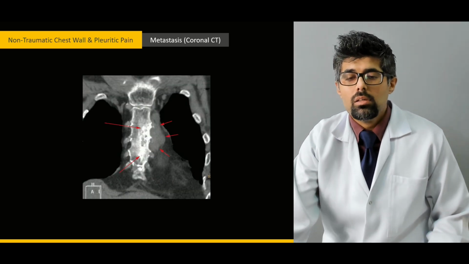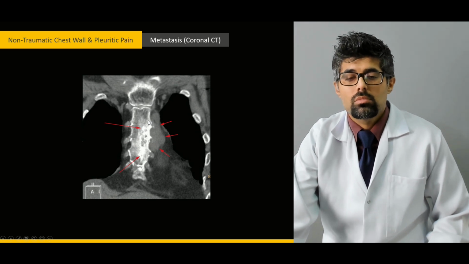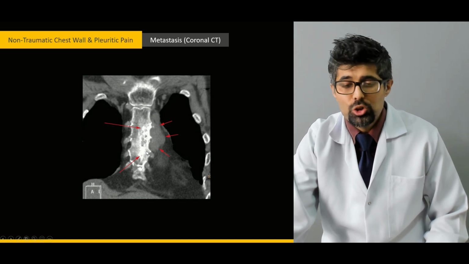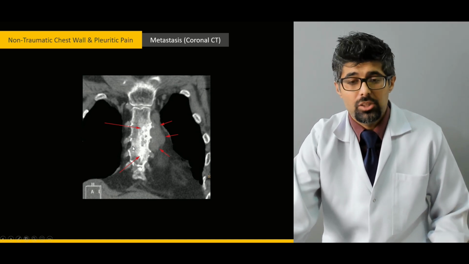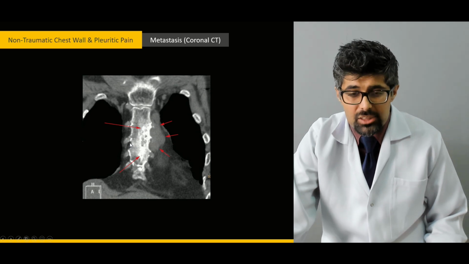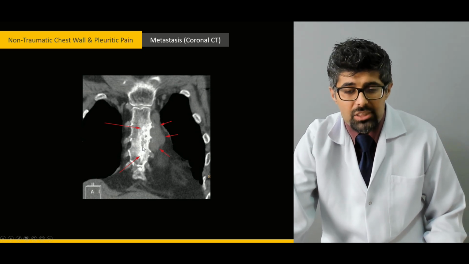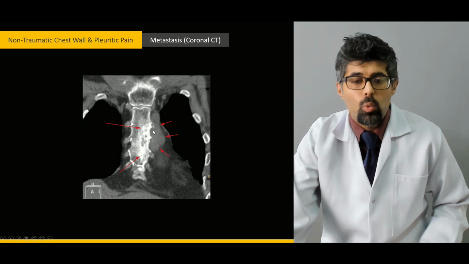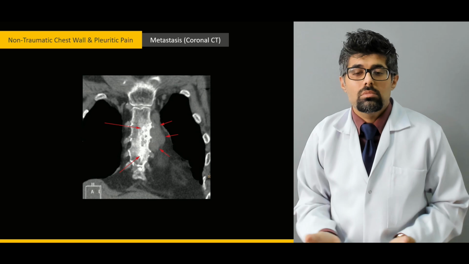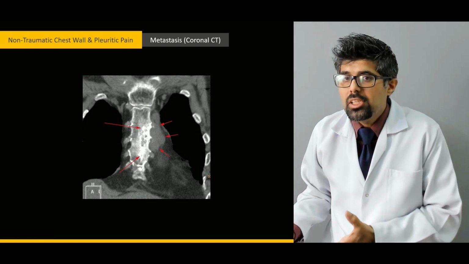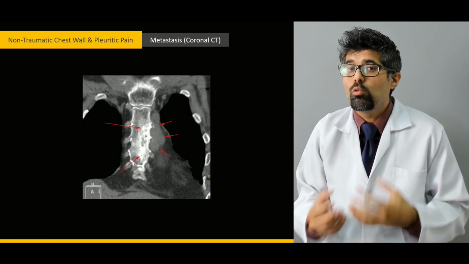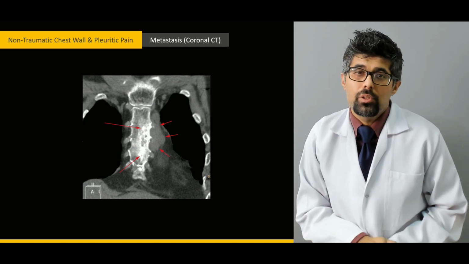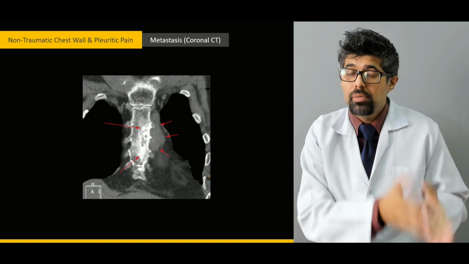Here a malignant tumor has invaded, encroached, and destroyed the sternum. And this sternum here on this CT scan describes what an encroached metastatic malignant tumor would look like. For reference, this is an example of metastasized breast cancer.